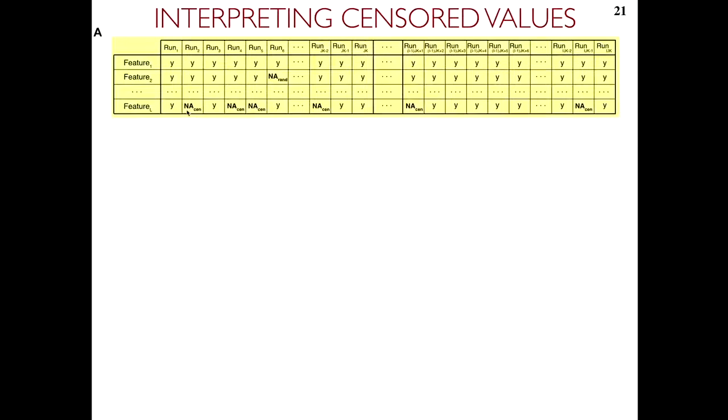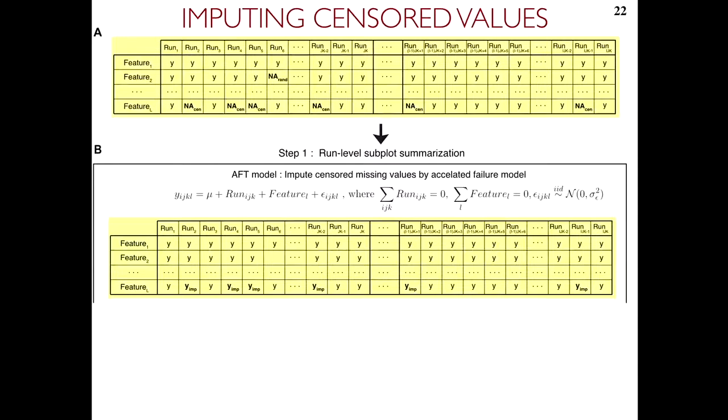Now we replace the missing values with our own missing values, right? So now we have NA censored according to our definition, and we add NA random in the case of Skyline if it was a missing peak. That's what we do. And then from this point on, you can actually focus on this as a 2-way analysis of variance.